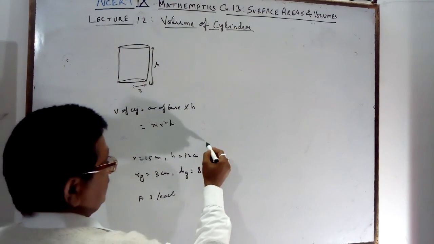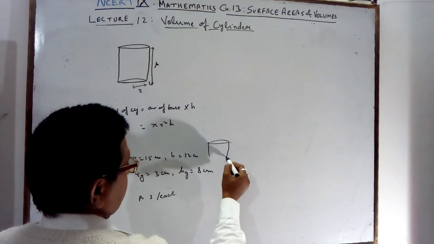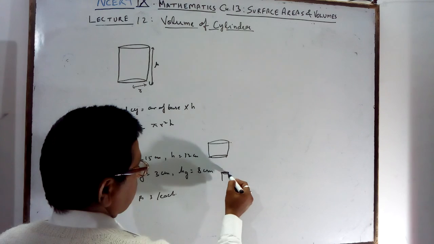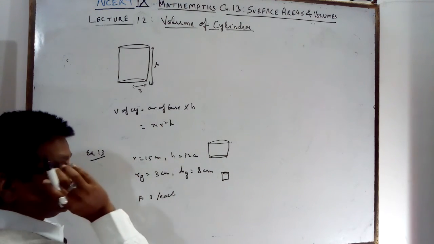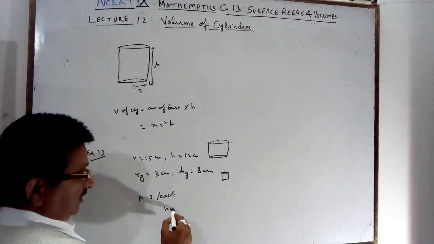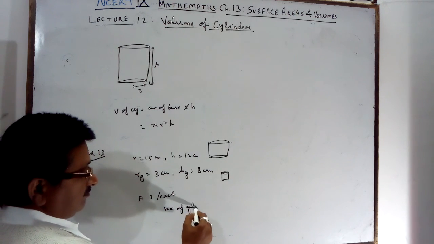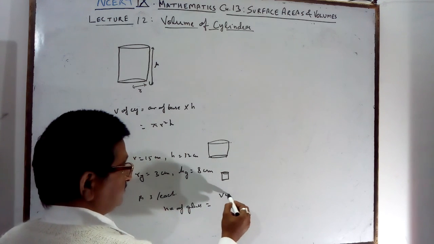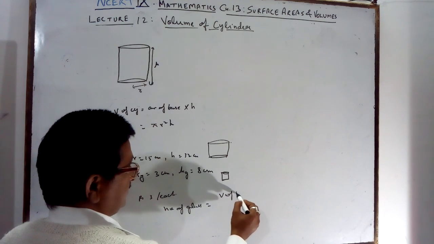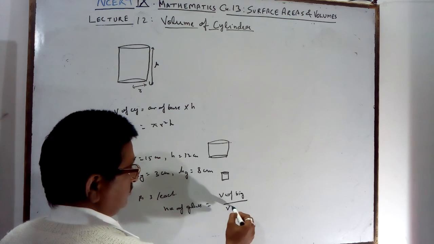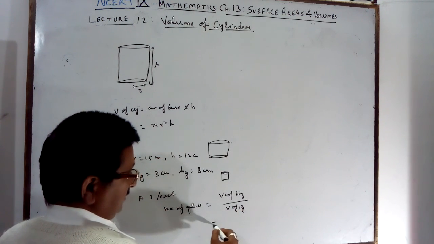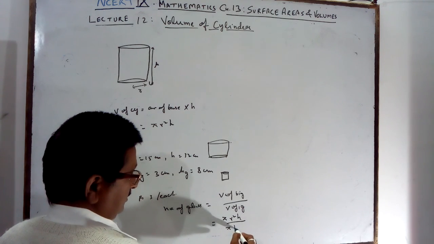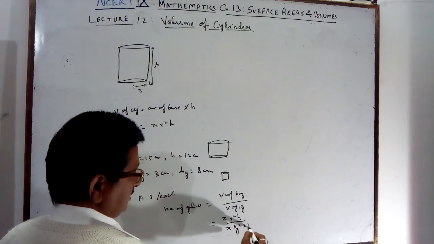Very simple. There is a big container and here is a small container into which he wants to distribute the juice. So the number of glasses of juice is equal to the volume of the big cylinder upon the volume of one glass. That gives pi r square h upon pi r g square into h g.